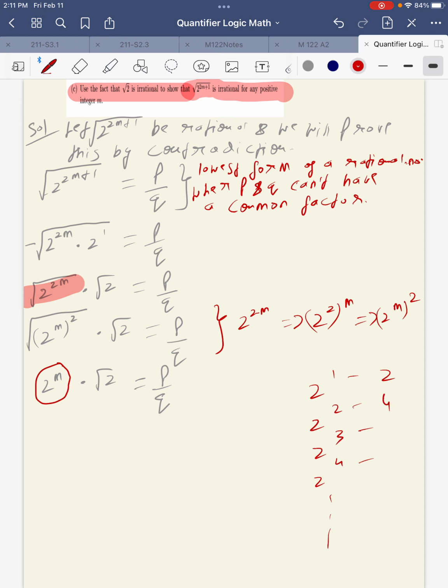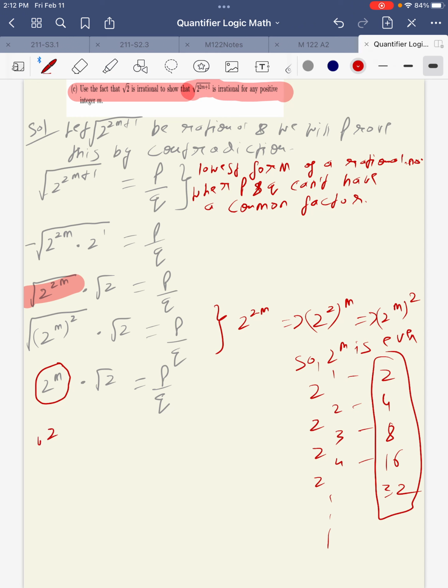It'll be 2, 4, 8, 16, 32, and so on. They're all even. So 2 to the power m is even. So root 2 is equal to p over 2 to the power m multiplied by q.